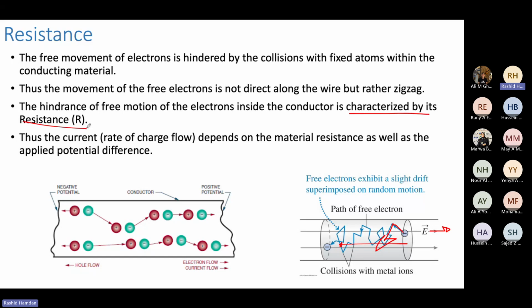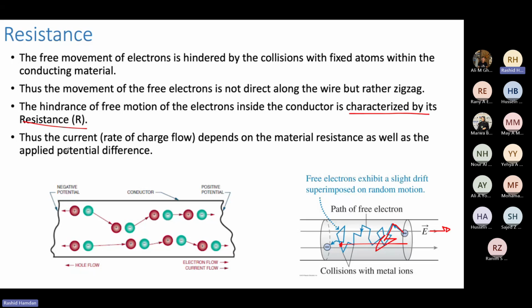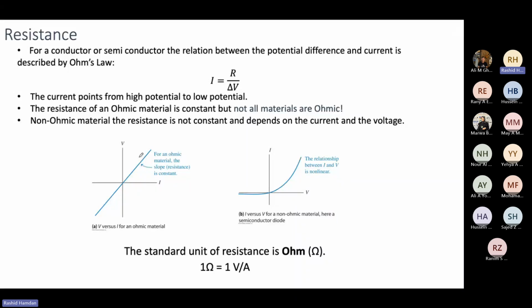And it relates for us the voltage and the current through the resistance. So the current depends on the material resistance as well as on the applied potential difference. So I can write this empirical equation, if you want, that the current that I have flowing in this piece of material, this is a mistake, huh? Let's fix it.